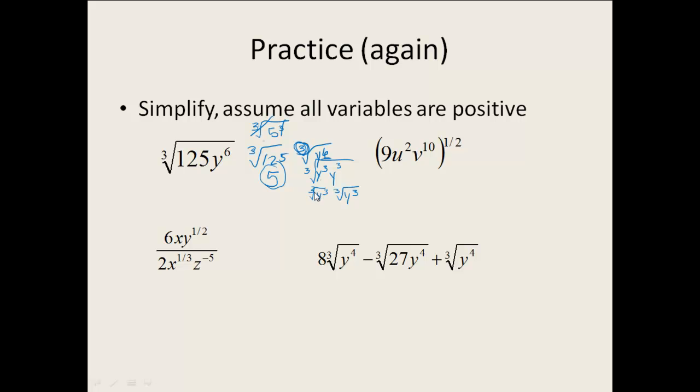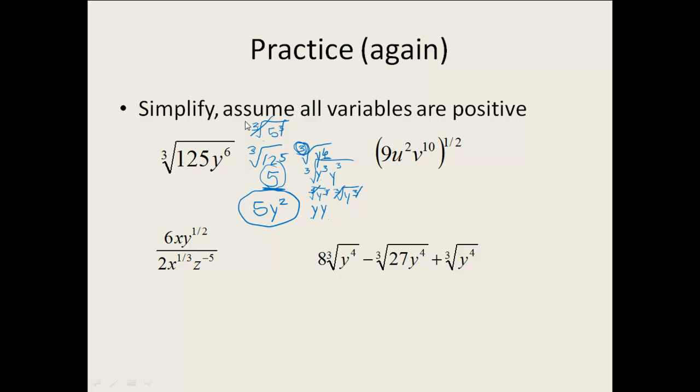The first cubed root of y to the 3rd will completely cancel out and give me a y. The second cubed root of y to the 3rd will also cancel out, and that'll give me another y. So what I'm really left with is this 5 from before, and then these 2 y's. All my radical signs have disappeared, so I really have 5y squared.